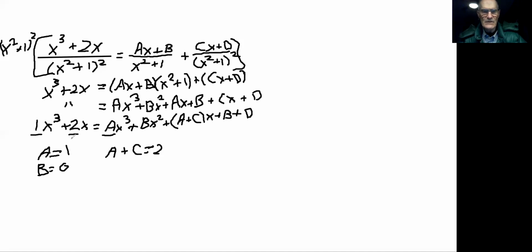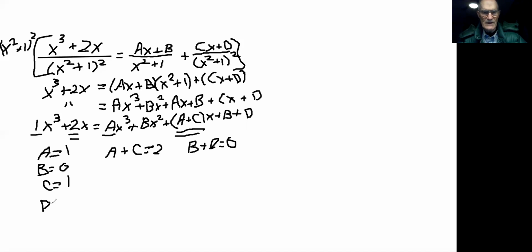Since a is 1, that tells me that c is equal to 1. And then notice there is no constant term here, so b plus d equals 0. And since b is 0, that means that d is also 0.